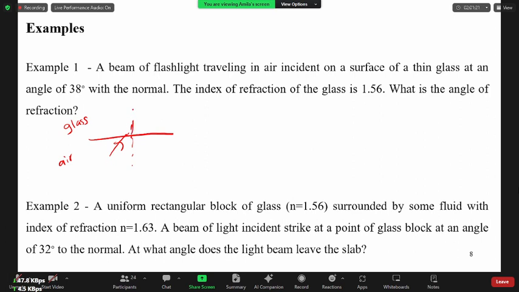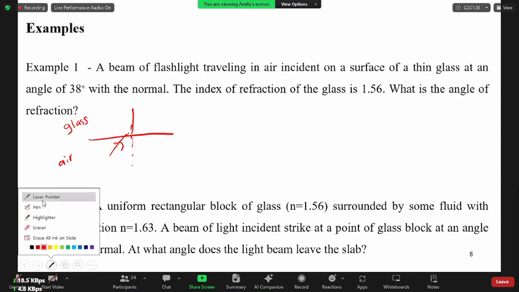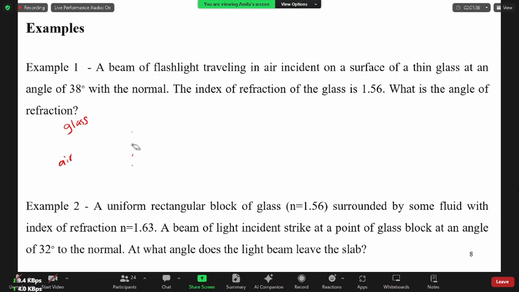So definitely this will take the direction towards the normal. This will go towards the glass.